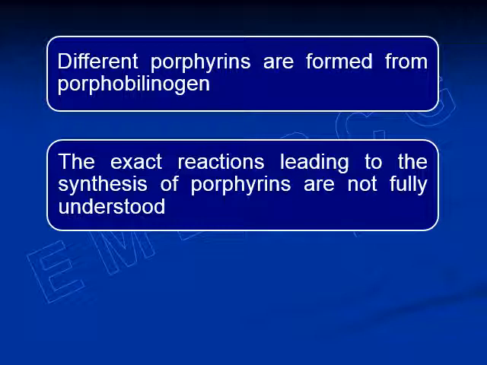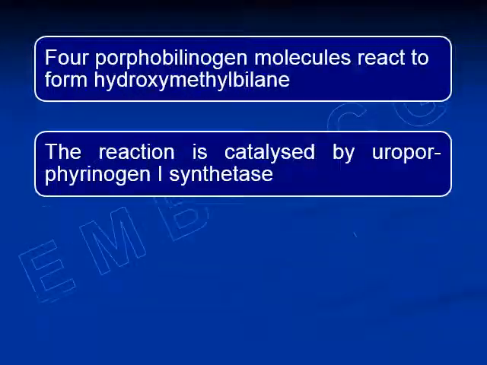The exact mechanism by which this synthesis takes place is not fully understood. 4 porphobilinogen molecules will react with hydroxymethyl bilane, and this reaction will be catalyzed by the enzyme called uroporphyrinogen 1 synthetase.